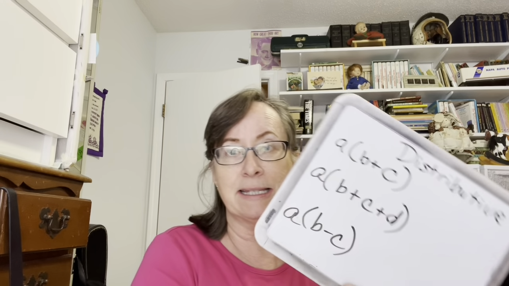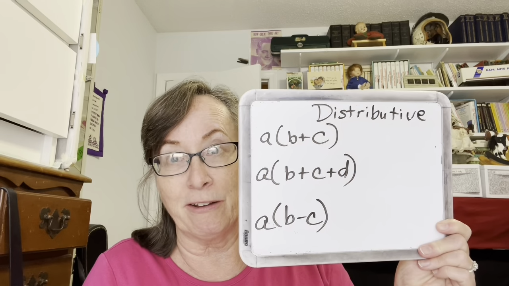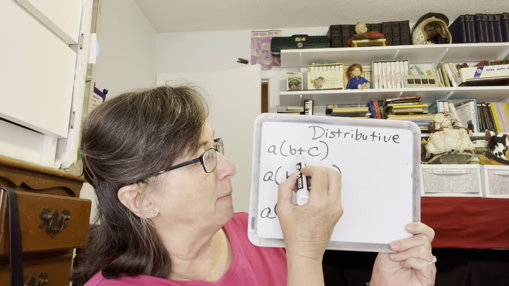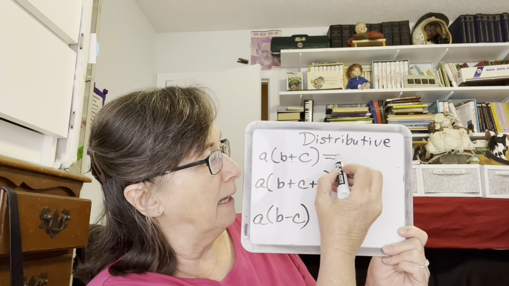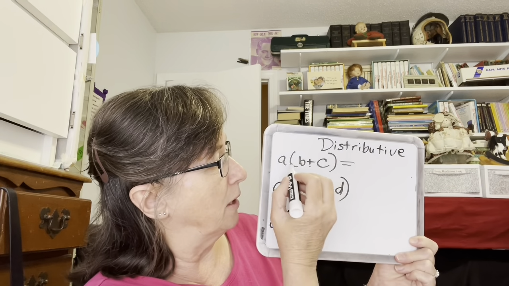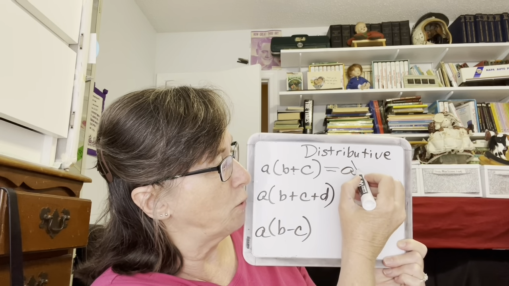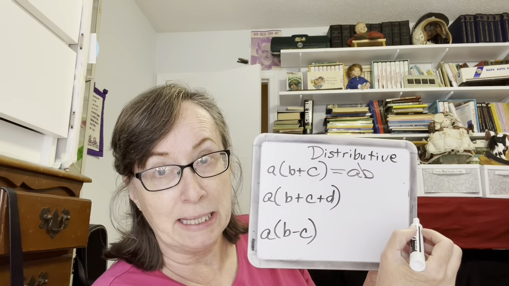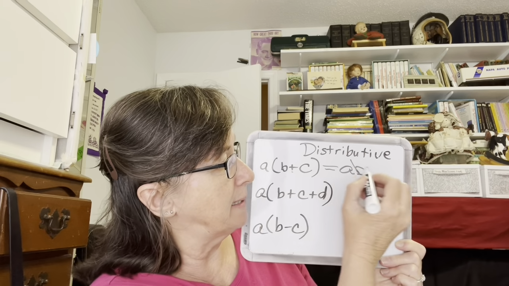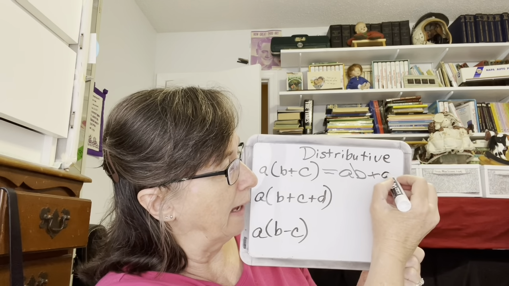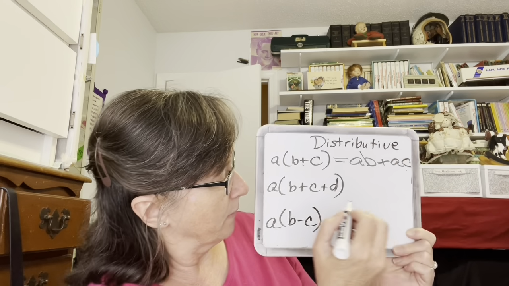Here is the distributive property formally stated. If we have A times B plus C, that's going to be equal to A times B, which we can write simply AB, plus A times C, AC.